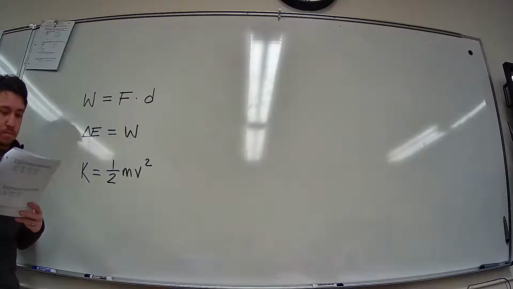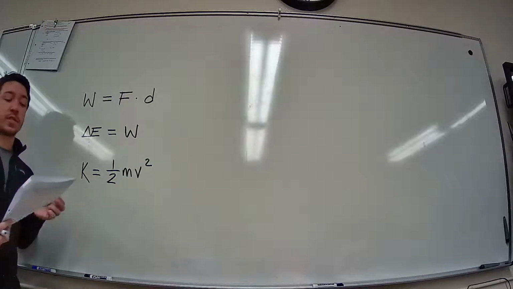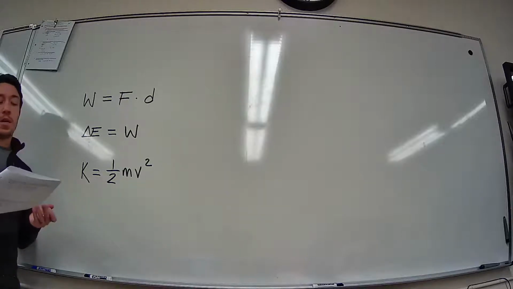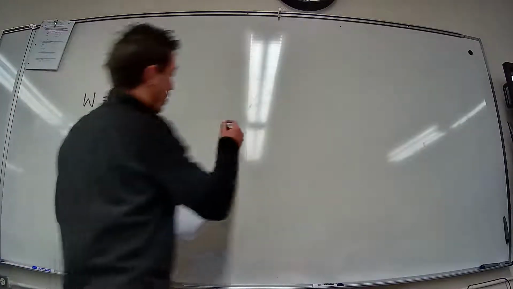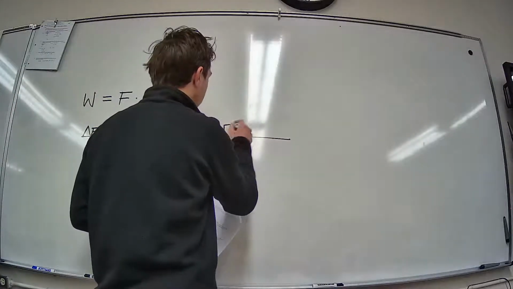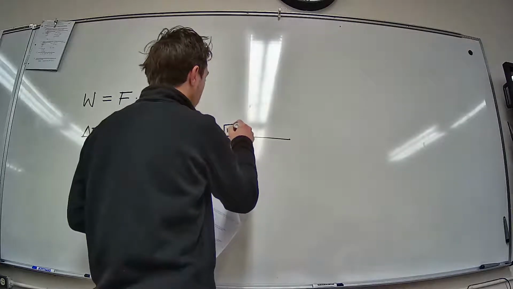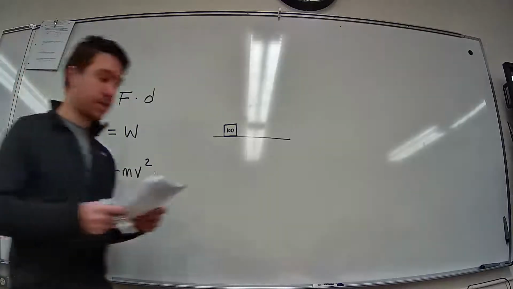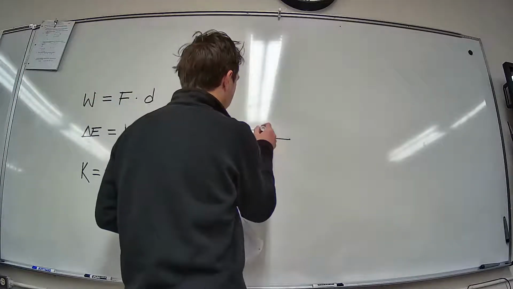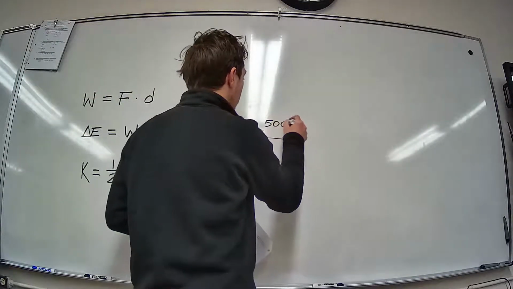So let's look at these. These are all pretty fast questions. Number 3 says a 100 kilogram block is initially at rest. Here's the floor, here's a 100 kilogram block. Let's say we expend 500 joules.